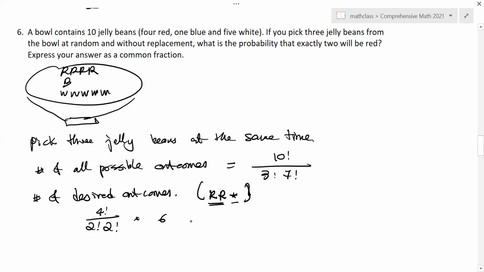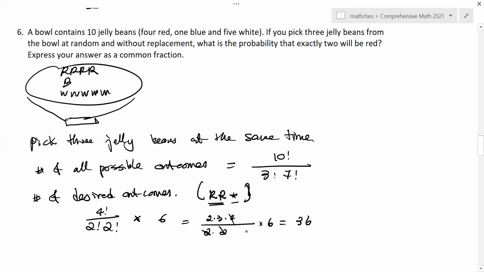Now let's simplify 4 factorial. You have to use a product here. In step 1, you can withdraw 2 red beans: 2 times 3 times 4 over 2 times 2, let's cancel out, that's actually 6. So that would be 6 times 6, which is 36.